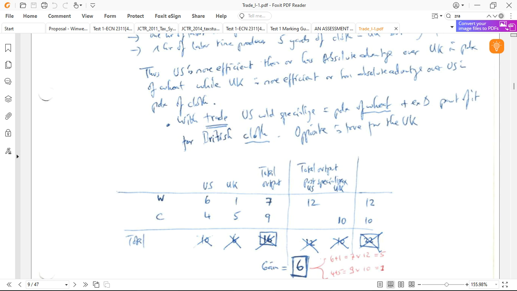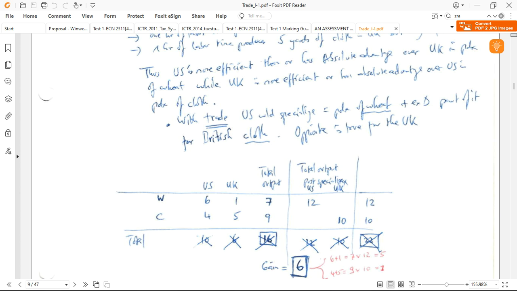Okay, the same thing with cotton. Was it cotton or cloth? I don't know. The same thing with cloth. The other guy, we said the UK now is going to specialize in the production of cloth, right? And the same applies, since it can now use all its resources to produce cloth. Then the total output is just going to double. So let's go back to the benefits of trade.